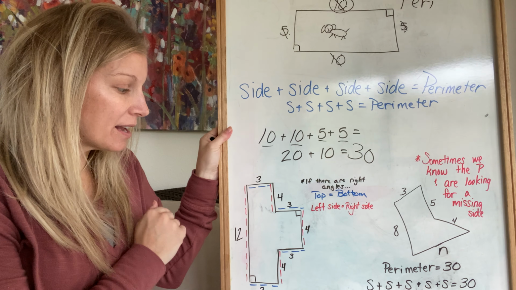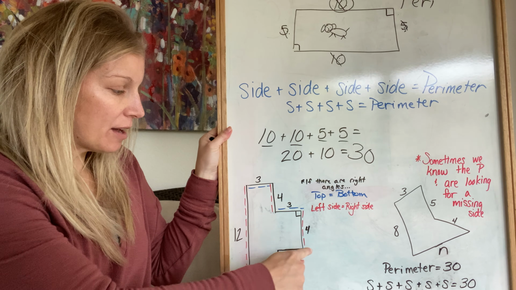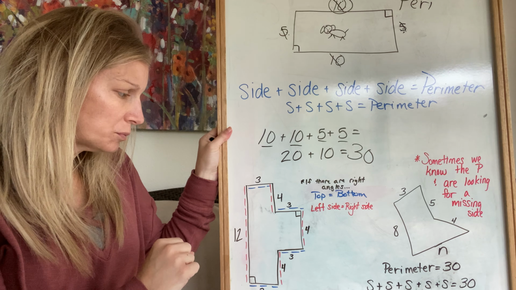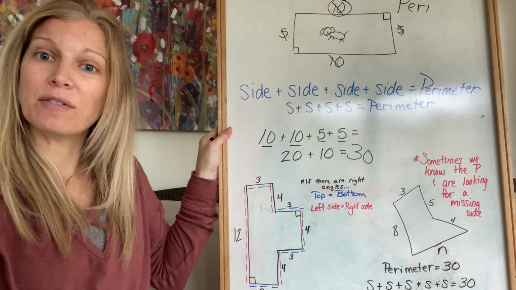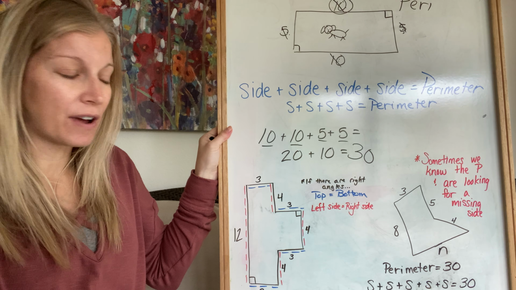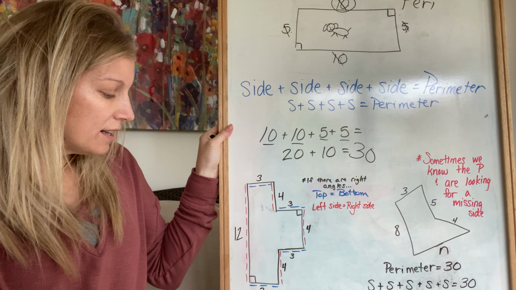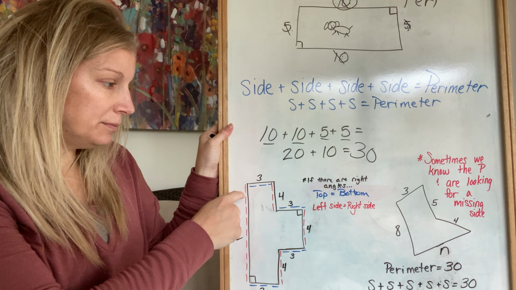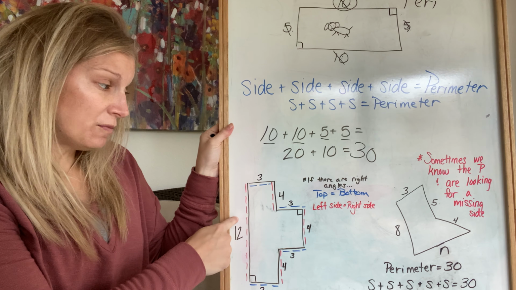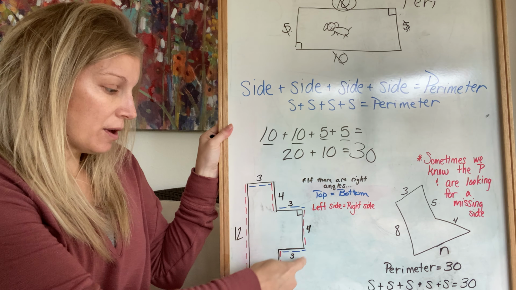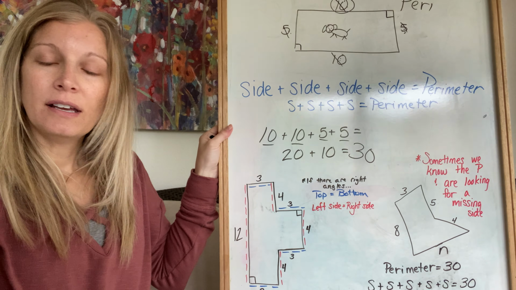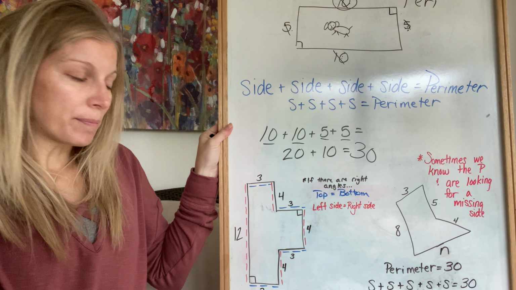So sometimes we might have a shape and it's broken up kind of like this. And we might even have a missing side that we need to find out what that is. Now, again, find a starting point and you can just add up all the sides until you get back to that starting point.